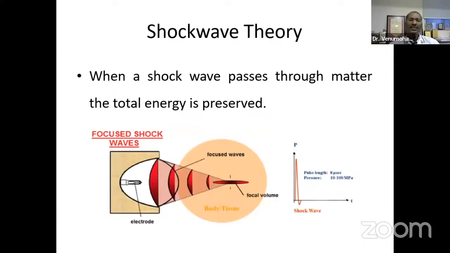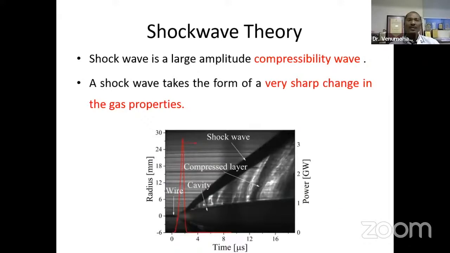Now, when this shock wave passes through different matter, the energy it carries is preserved, and that is responsible for its therapeutic effects. It has a large amplitude compressibility wave, and this takes the form of a very sharp change in the gas property. So when it travels through a media, it brings changes in properties, and especially when it travels through gases, the properties of the gas change.